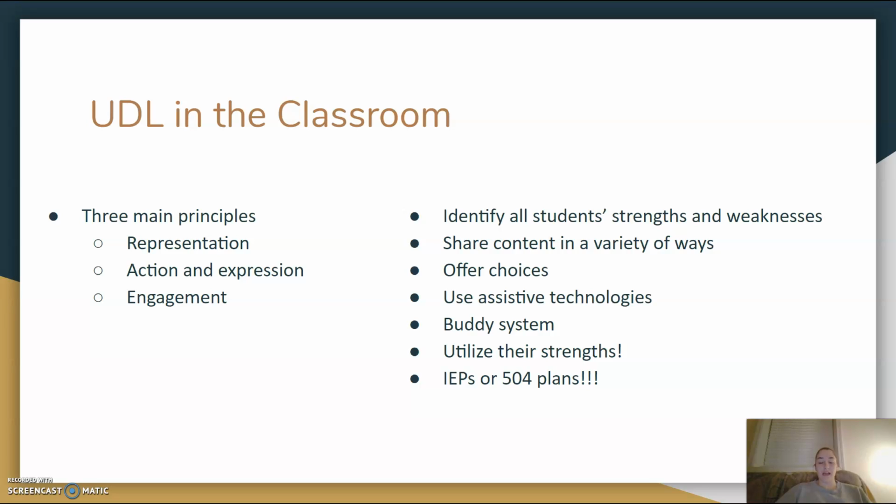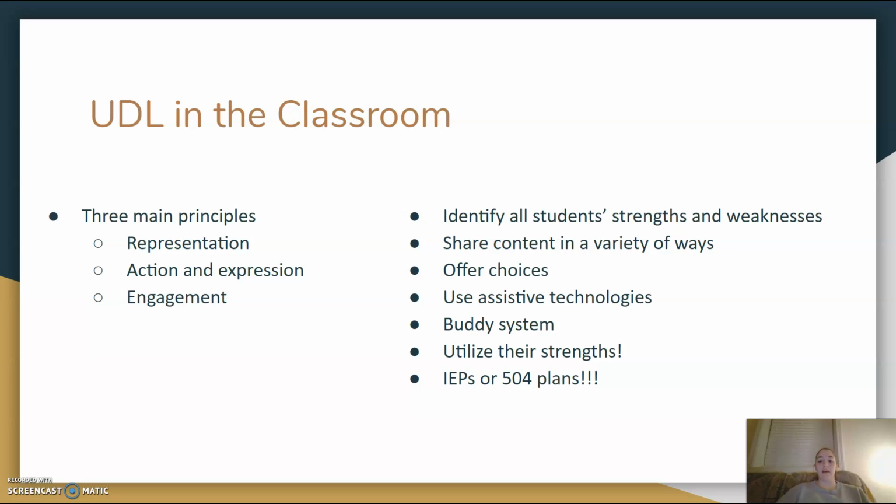You need to share content in a variety of ways, written, oral, etc. Offer choices to your students. There are so many different types of assistive technologies out there. I just listed a few. Provide a buddy system. Friends are one of the main components of school. Utilizing their strengths is another huge component.